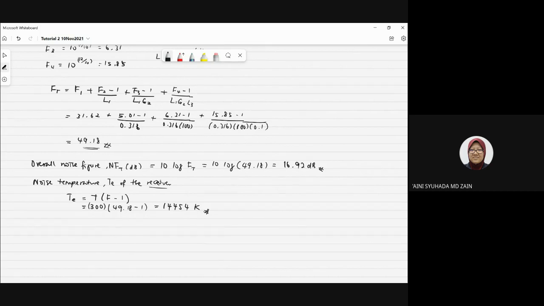Okay, and then we can also calculate the signal to noise ratio for this receiver system. So for example, our input SNR value, the SNR in, is given by PS in over the noise power in.